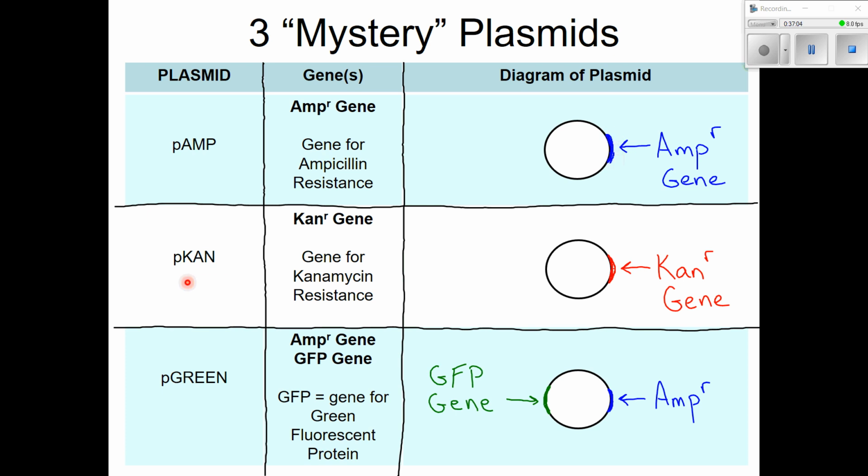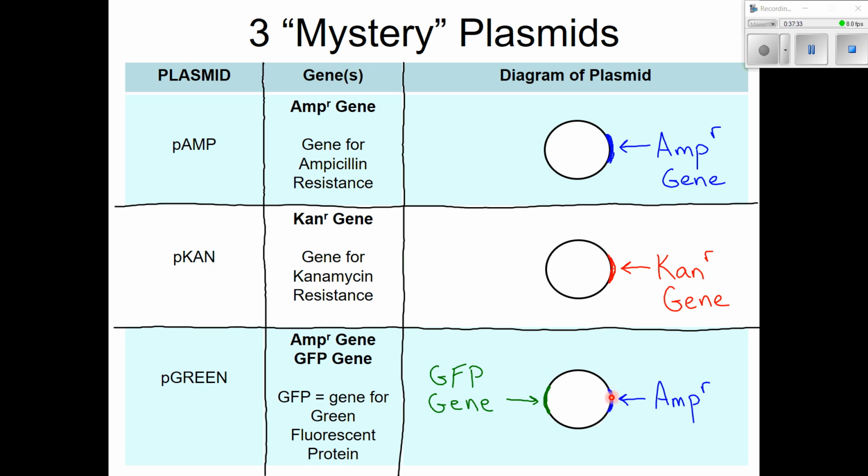Some of you will get the p-can plasmid, which looks like this. It has bacterial DNA, just like plasmids always do, plus an extra gene for kanamycin resistance. And then a third of you will get what's called the p-green plasmid, which is kind of a weird name. But that means it's bacterial DNA plus two extra genes, not one but two.